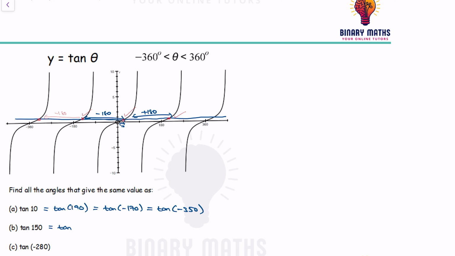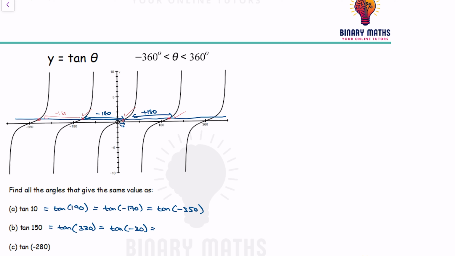So 150 plus 180 is equal to 330. So tan of 330 is the same thing. Tan 150 take away 180 is tan of negative 30.